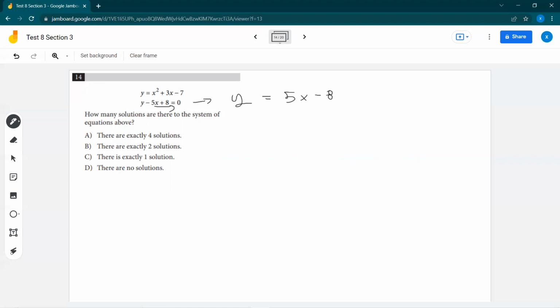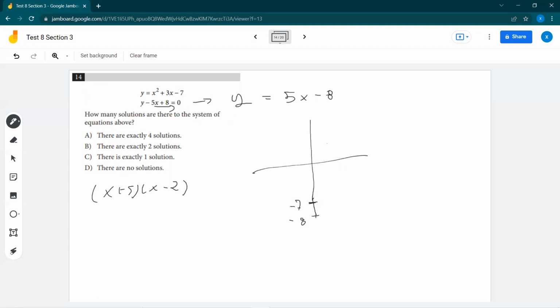Well, what we have to do here is look at both equations kind of loosely. So we have this quadratic, and we have this equation of a line. I'm just going to graph them loosely just to get an idea of the function. So we have a -7 and a -8, their y-intercepts. We can factor this quadratic up here. We'll get x plus 5 times x minus 2.